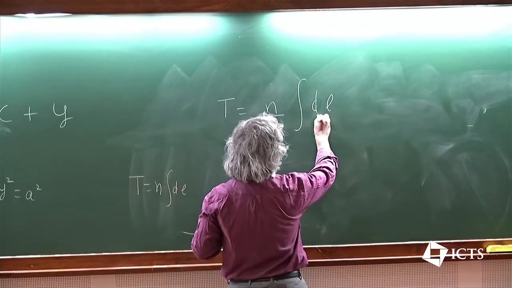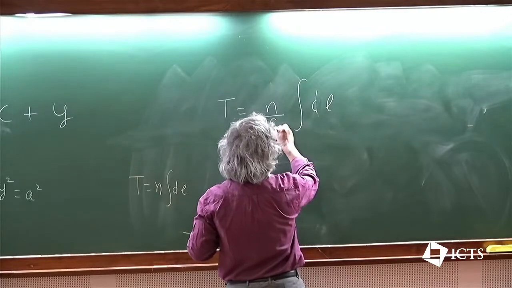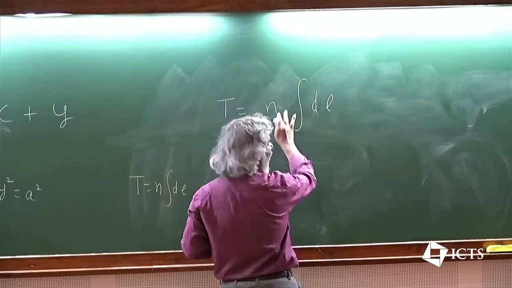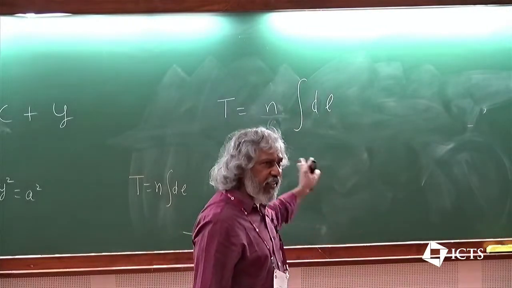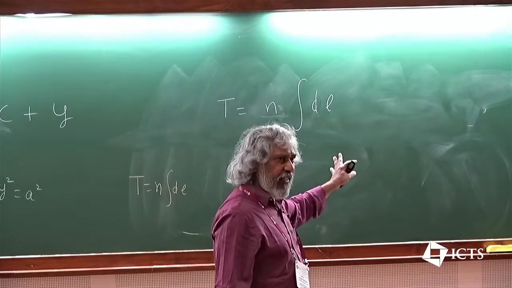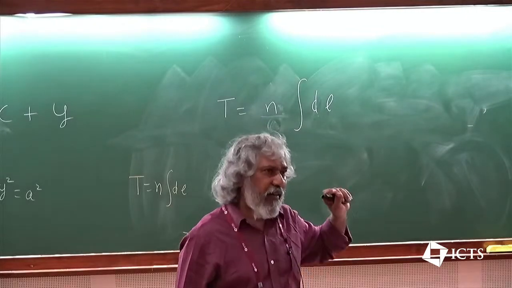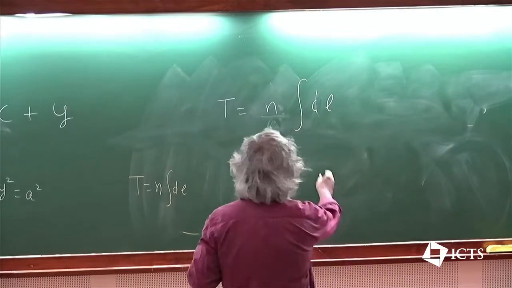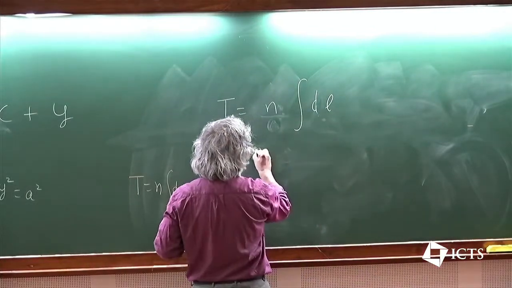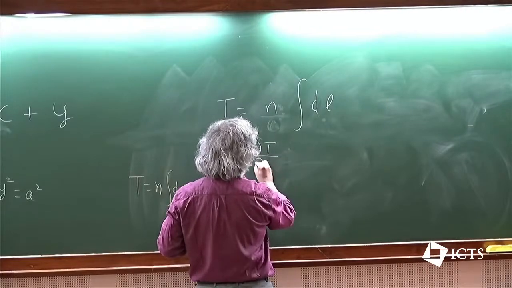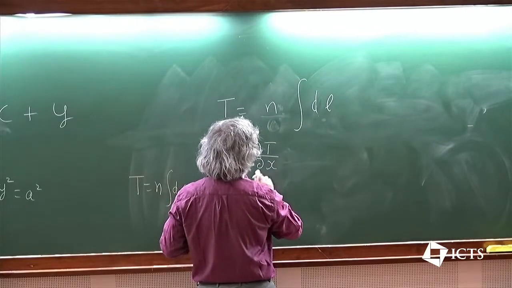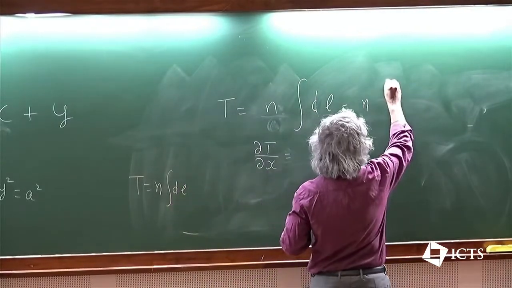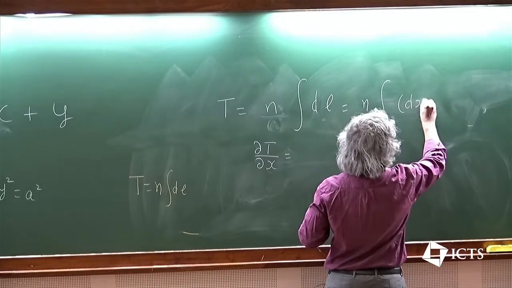Distance over speed. So let me say that n is the inverse of the speed of light. Then this equation is dimensionally correct. Right? Now, if I take dt over dx, this is equal to n times dx.